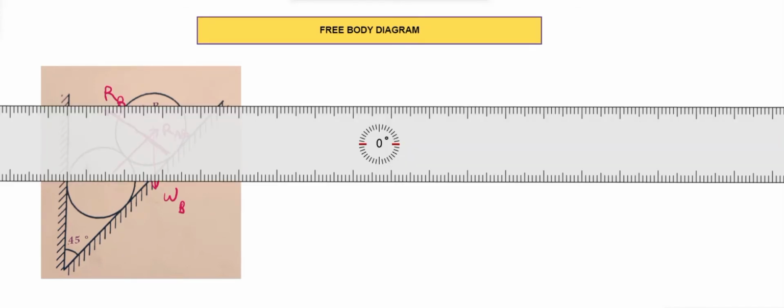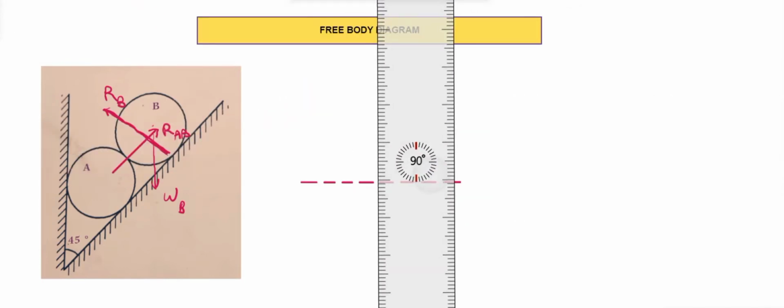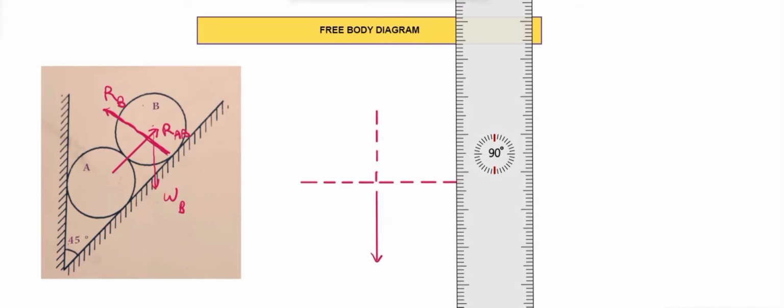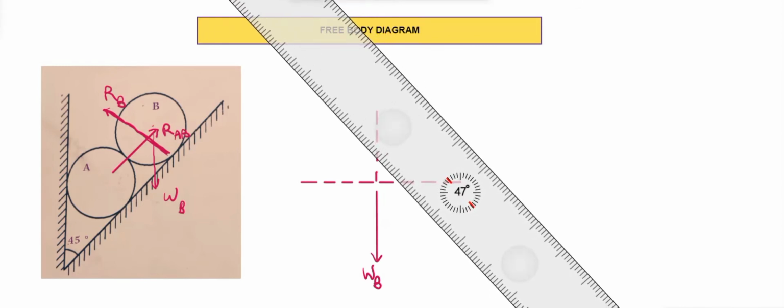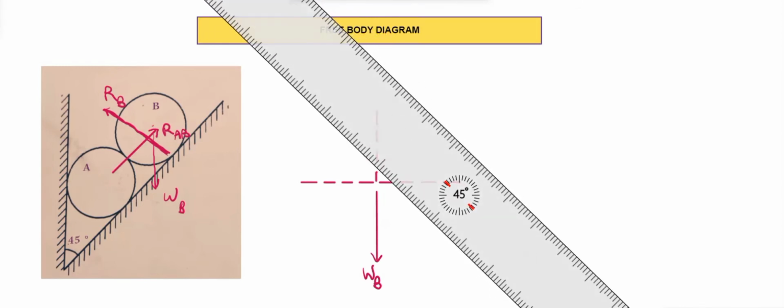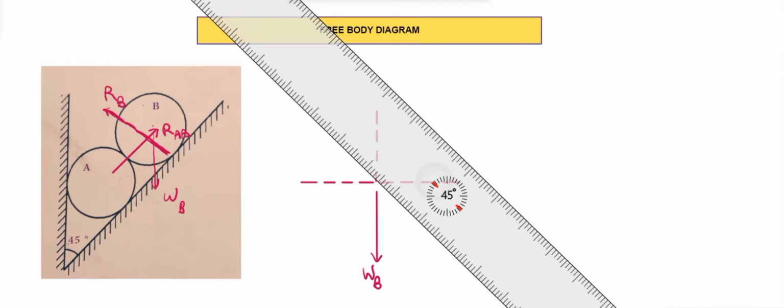Now let's represent this with the help of our free body diagram. Draw a horizontal line and a vertical line. We'll show the weight in the downward direction. Here it will be WB, and the reaction from the wall is acting at some angle, so we'll draw it inclined. Just draw the free body diagram with the help of a scale.